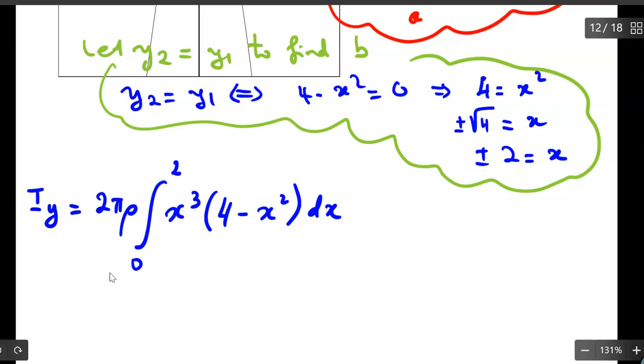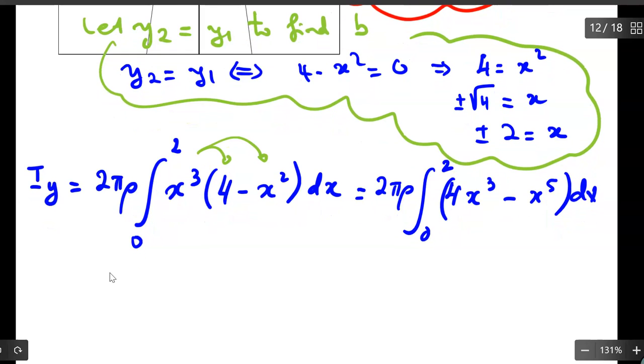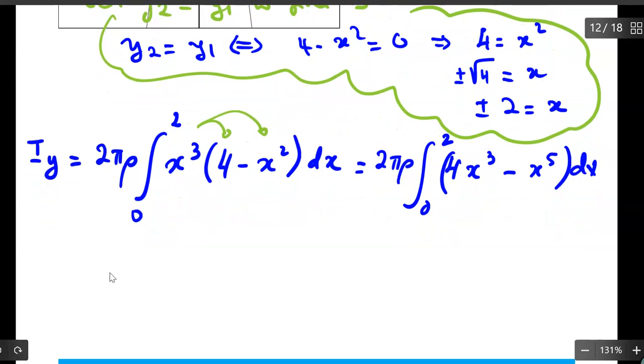Let's simplify this by distributing x to the exponent 3 into the bracket. So I should have 4x to the exponent 3 minus x to the exponent 5 dx. Okay, simplify your integrand and now you can integrate.